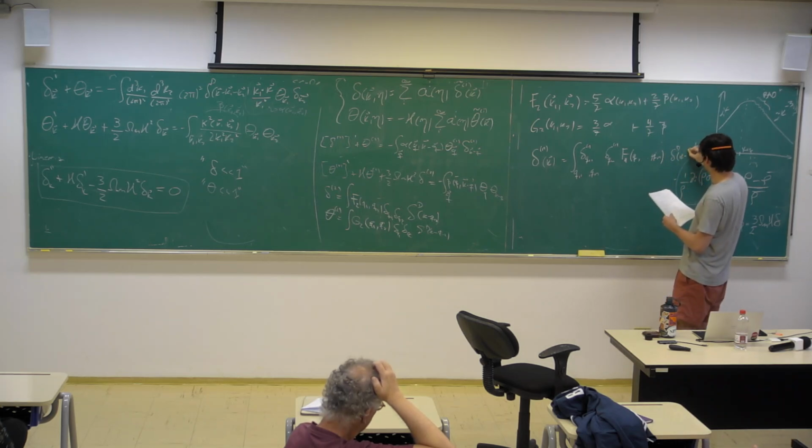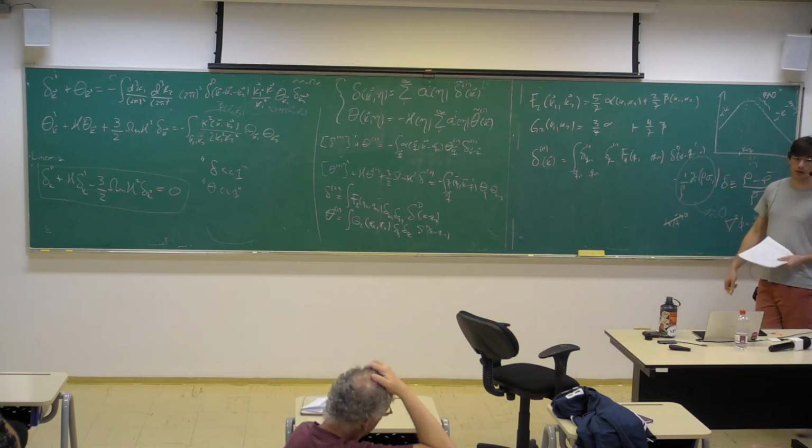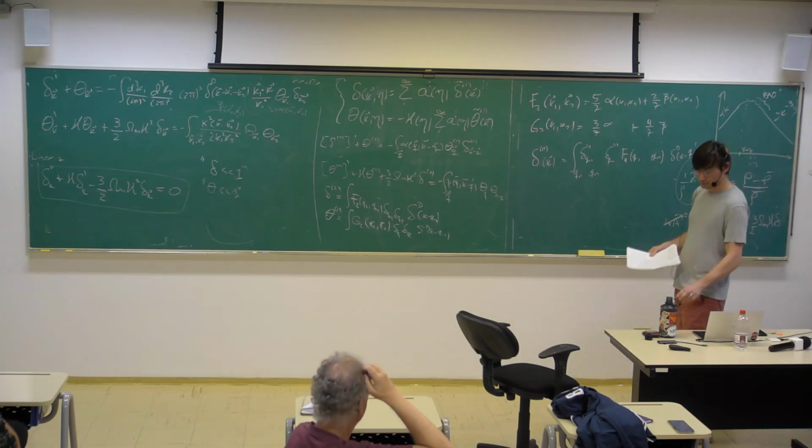So this is k minus the sum of the q's. And you can actually write a recursion relation to generate all of these at all orders. It looks like a loop. Great.